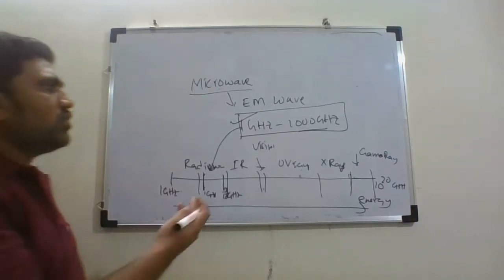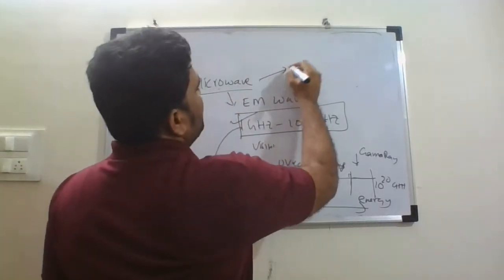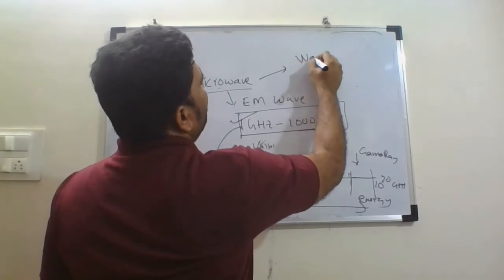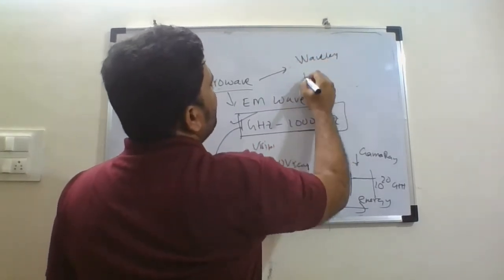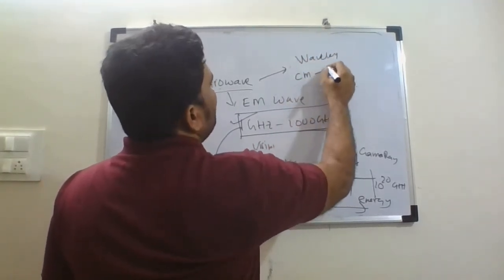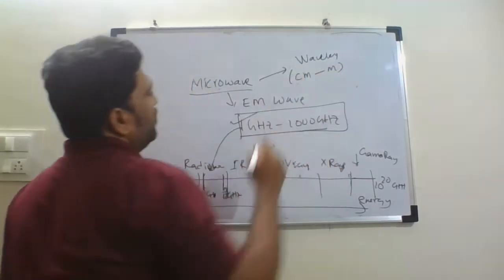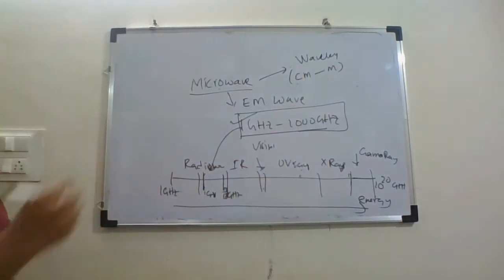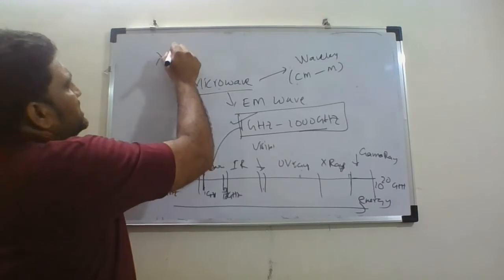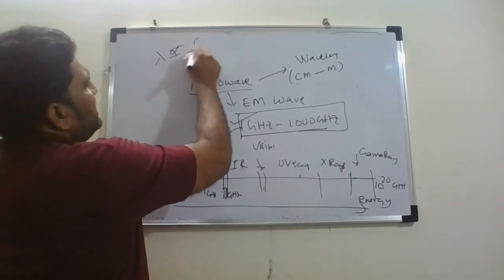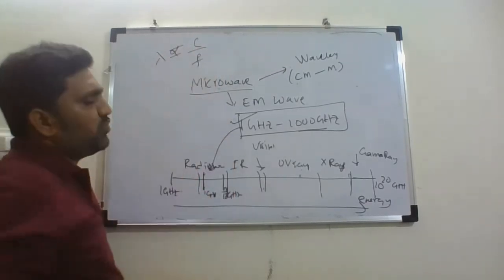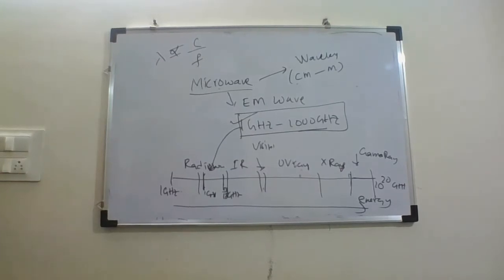Why do we call them microwaves? Because the wavelength of these signals is in the range of several centimeters to meters. Wavelength, as we know, is lambda equal to c by f, so it is inversely proportional to frequency.